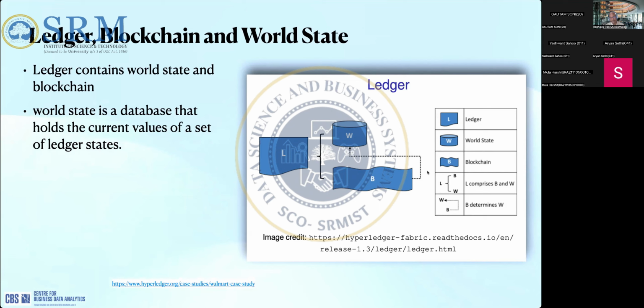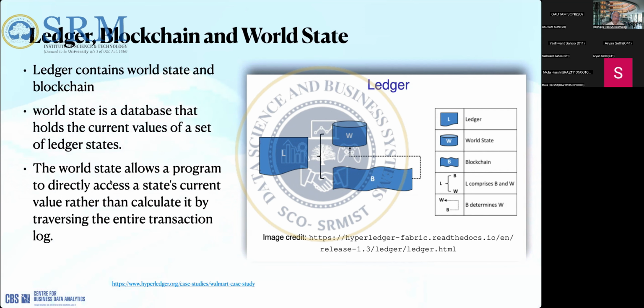In Hyperledger, in addition to the blockchain, the ledger also contains the world state. What is the world state? World state is a kind of database that holds the current values of the set of ledger states. Basically, it also contains some information in the form of a database. Of course, remember, this is not a relational database.